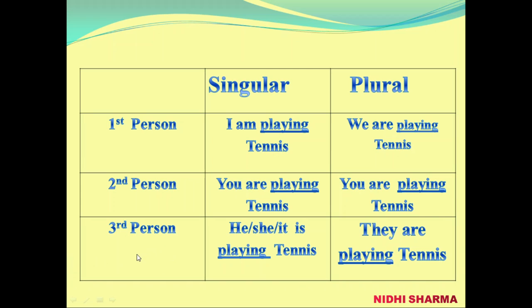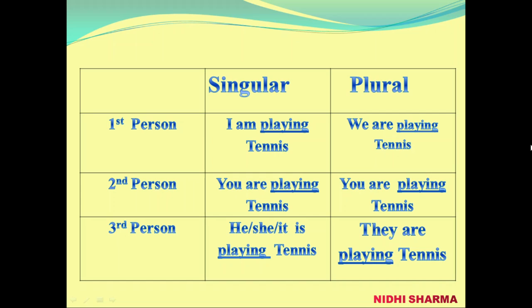Now with the third person singular, is is used as a helping verb. So we get a sentence as he is playing tennis or she is playing tennis. Now again with the plural we use they are playing tennis. So we have to use helping verbs in present continuous tense.